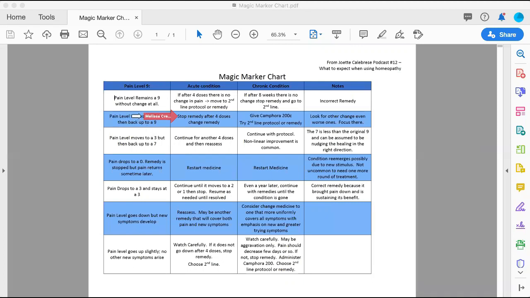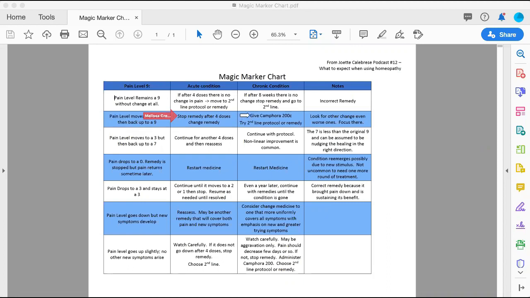Because to me, if your symptoms went down to a 3, but then back up to a 9, that remedy did something in your body. So it could be that we just change the frequency and or potency rather than just stop the remedy and change remedies. But it could be that we need a different remedy.